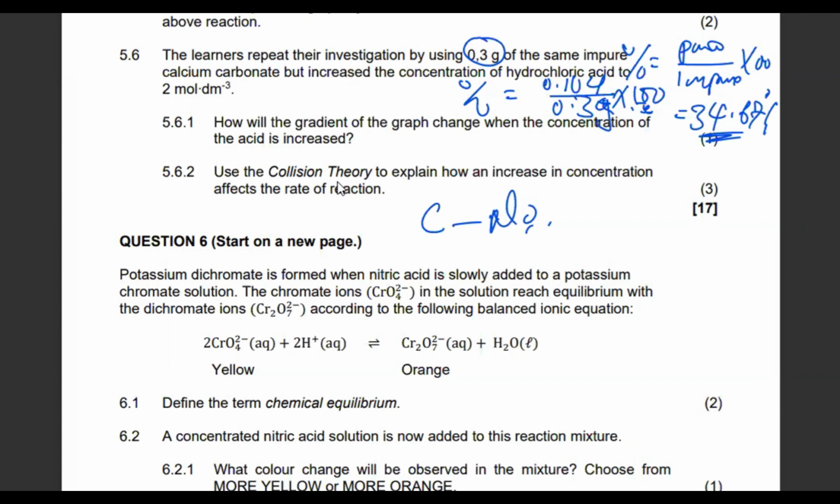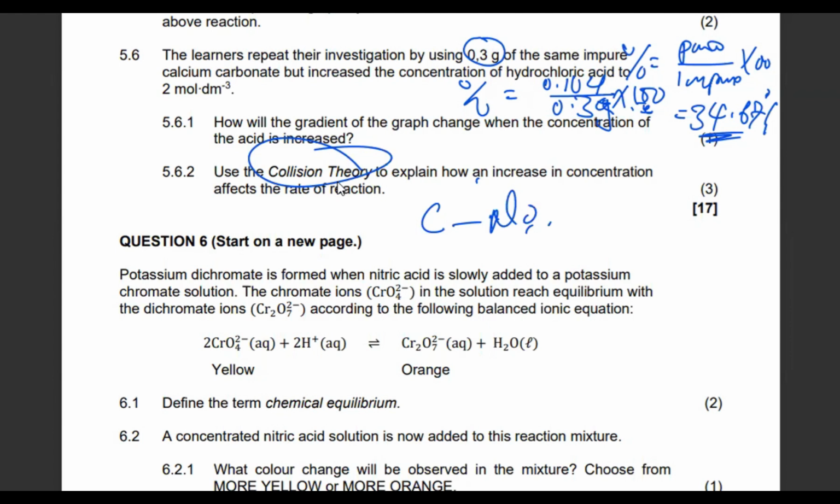So increasing the concentration increases the number of particles per unit volume, and then there will be more effective collisions per unit time, and this will lead to an increase in the rate of reaction. That's how you're supposed to explain the collision theory. You always talk about the number of particles which are colliding effectively per unit time, and then the rate of reaction will either increase or decrease depending on which particles are colliding.